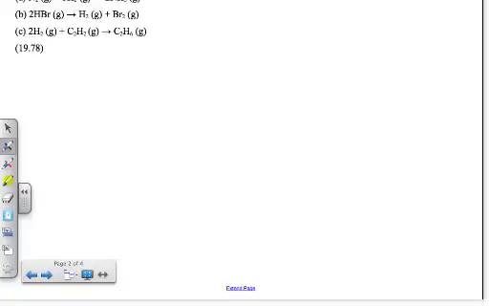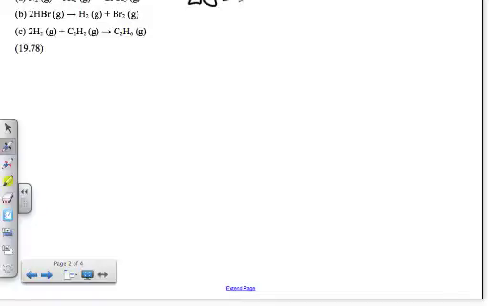So it says indicate whether delta G increases, decreases, or stays the same when the partial pressure of hydrogen is increased in each of the following reactions. So what's going on here is that I'm going to use this form of the delta G expression, the delta G equation.